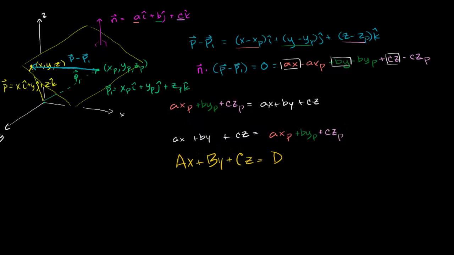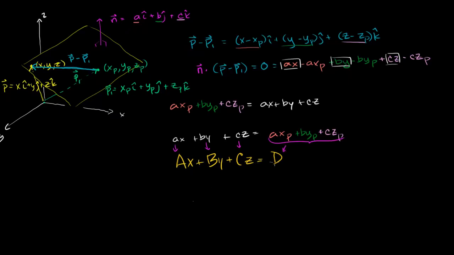But now you see this a has to be this a, this b has to be this b, this c has to be this c, and then the d is all of this. And this is just going to be a number, assuming that you knew what the normal vector is, what your a, b, and c are, and you know a particular point. So this is what d is. So this is how you can get the equation for a plane.